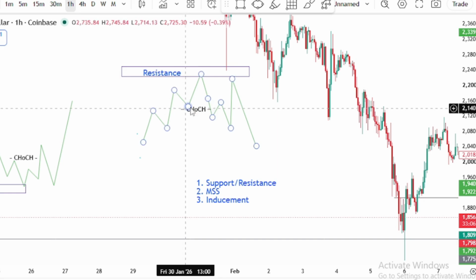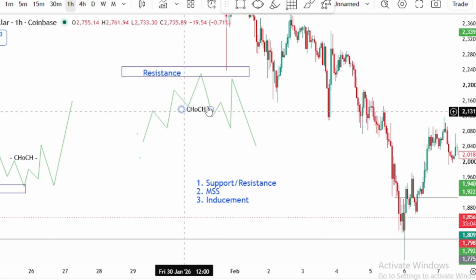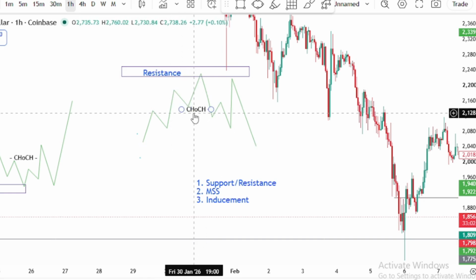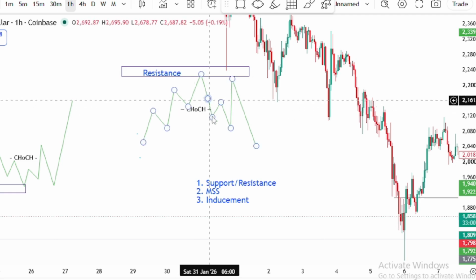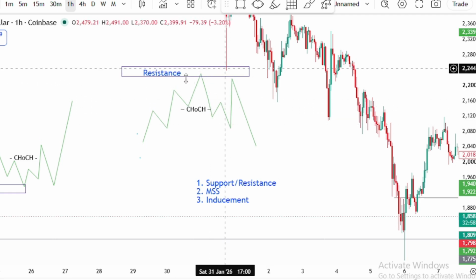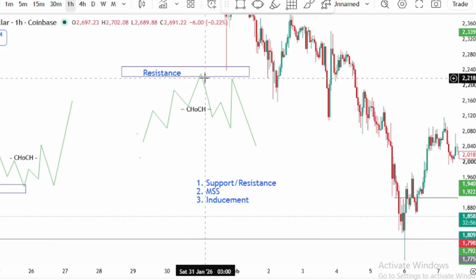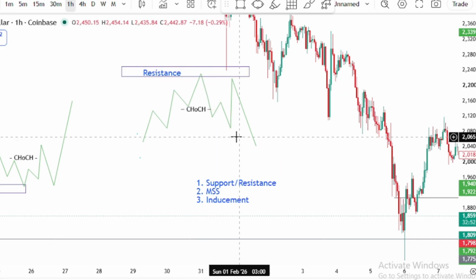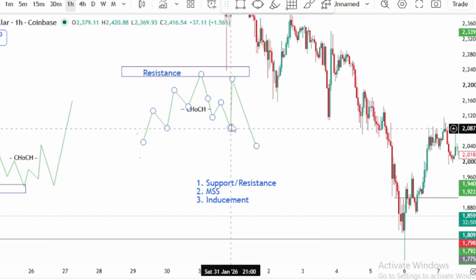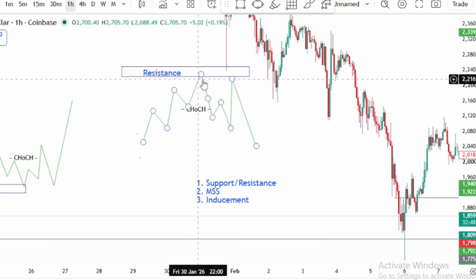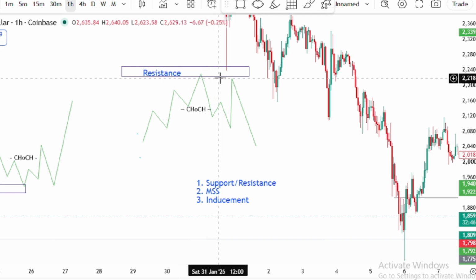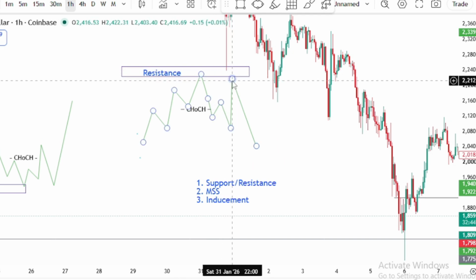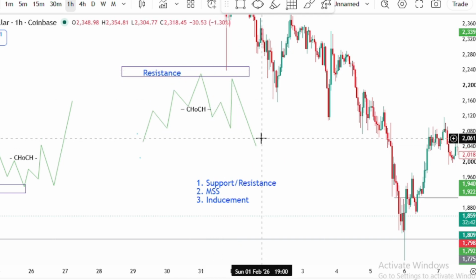Once the higher low is taken out, we have our change of character or market structure shift. We wait for it to create inducement before we can look for entry on the nearest POI. So inducement is created here after this pullback, and we can find the nearest order block here to place our trade and target the next lower low.